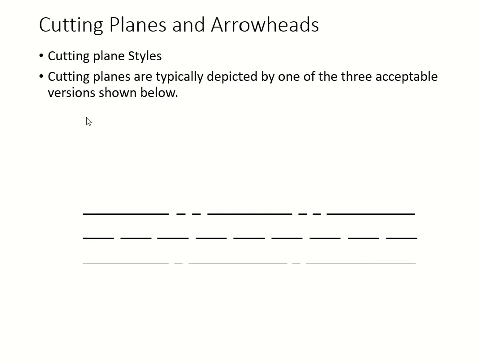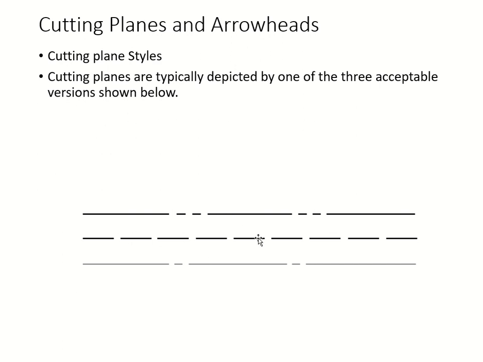The first thing you have to know is your cutting plane. These are the cutting plane styles. We have 3 acceptable cutting plane lines. Everybody uses a different way of describing these lines, but you can see there are 3 different cutting plane lines: a long dash followed by two short dashes and then a long one, long, short, short, and then long.